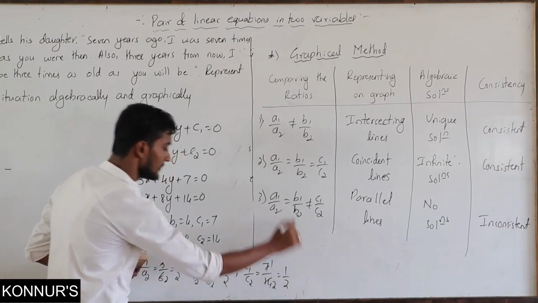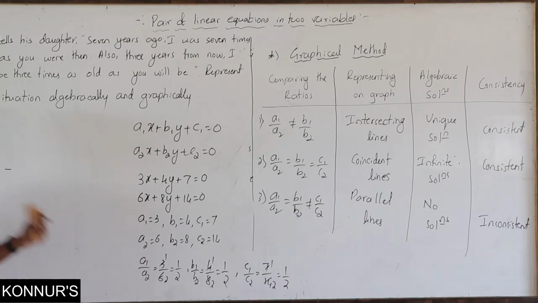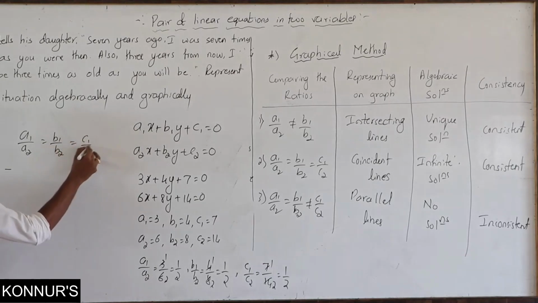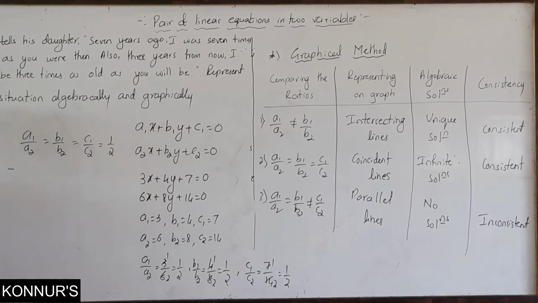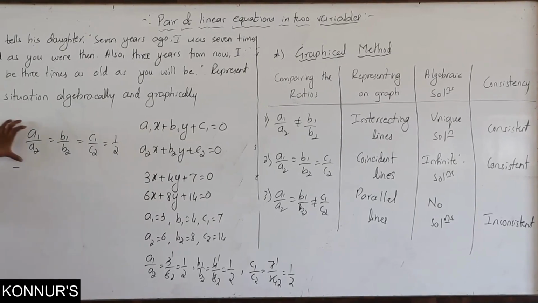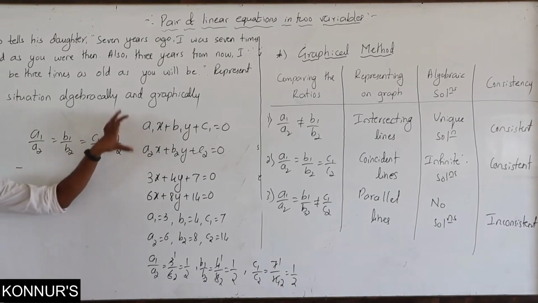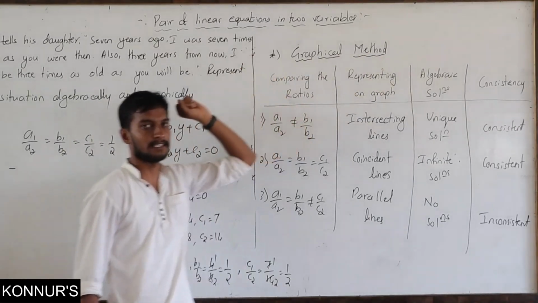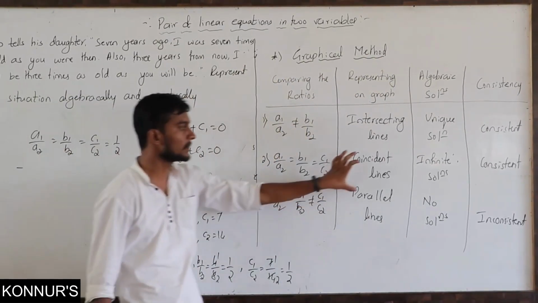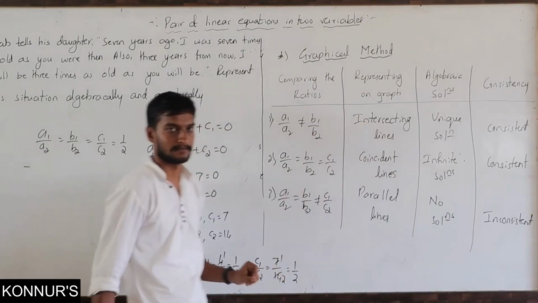Again, you are getting 1 divided by 2. So, in this condition, a1 by a2 is equal to b1 by b2 is equal to c1 by c2. All they are equal to 1 divided by 2. If all the ratios are equal, then if you represent these linear equations on the graph, you are getting coincident lines.